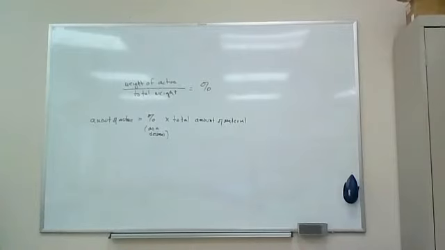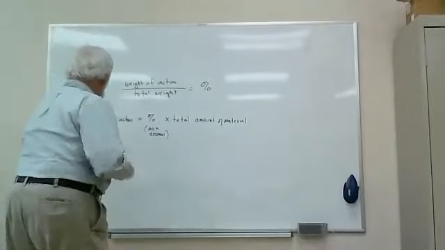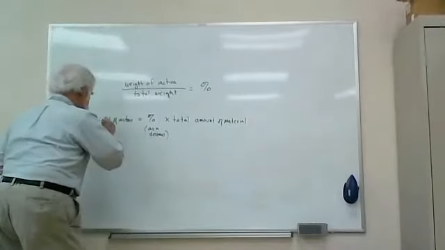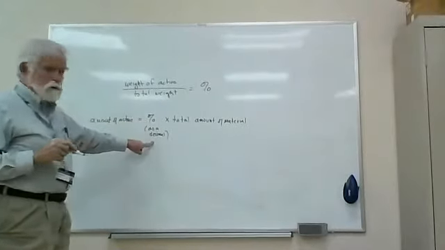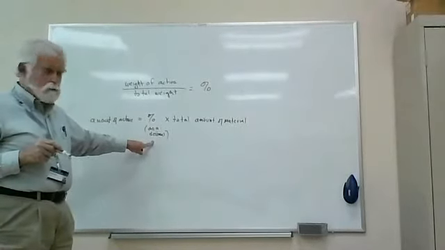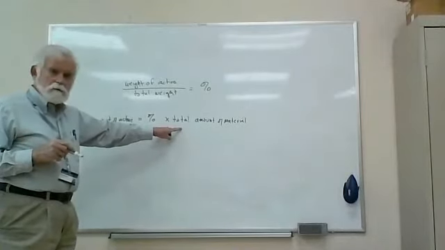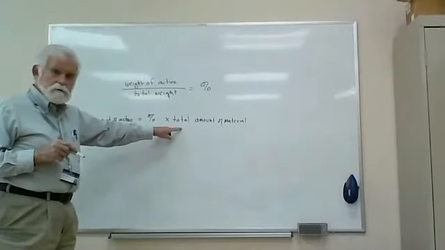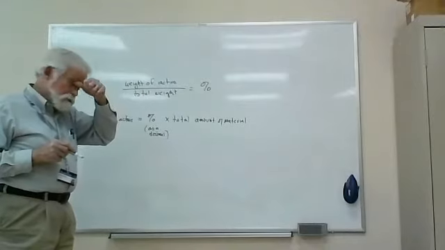So how do I figure out the amount of active? The amount of active is the percent, converted to a decimal, obviously, times the total amount. Okay, that makes sense now?